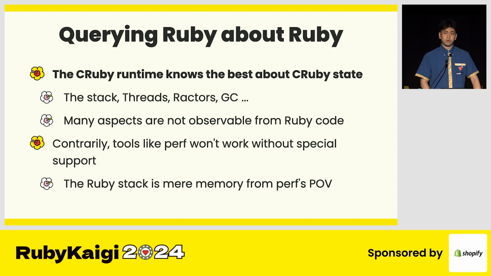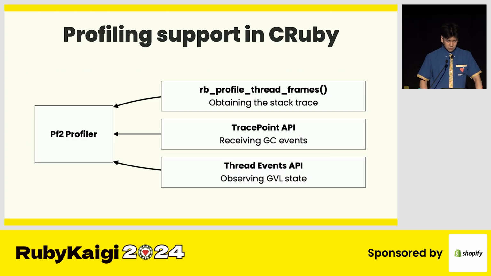This is because the Ruby stack is, well, we think of it as the stack, but it's mere memory from perf's point of view. To do this, CRuby implements some useful APIs for profiling. There are 3 key APIs here: rb_profile_thread_frames, the tracepoint API, and the thread events API. Let's examine each one.